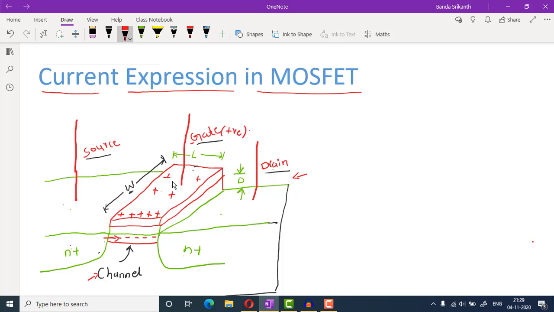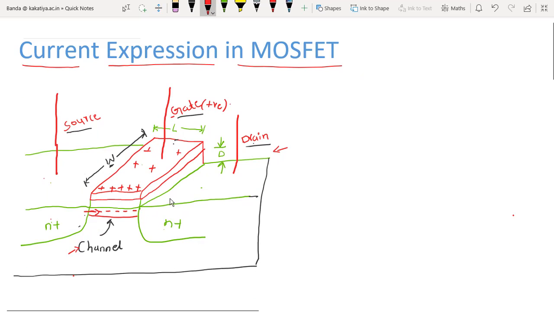Okay, so now we have to derive the current expression for the MOS transistor. If you observe this structure, this is a positive potential plate and this is the negative potential plate, and in between there is a material called oxide material.